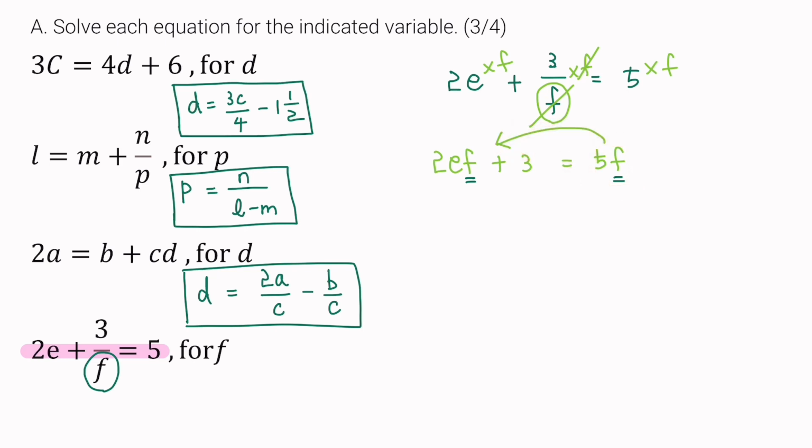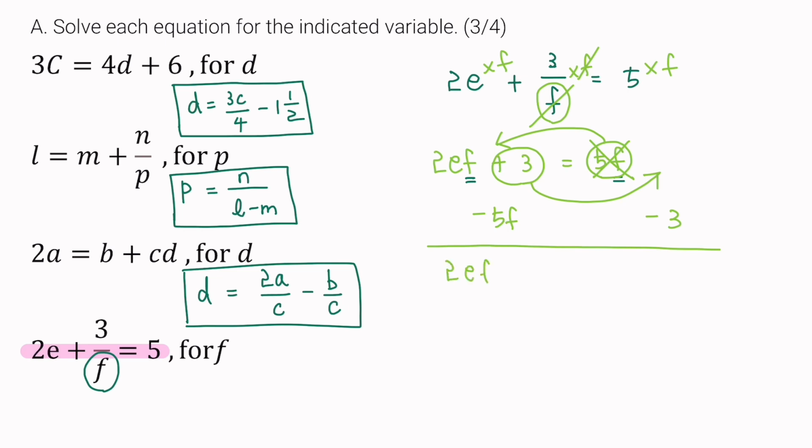So it becomes negative 5f, and this plus 3, when it moves across the equal sign, becomes negative 3. So if I rewrite it, I have 2ef minus 5f is equal to negative 3.